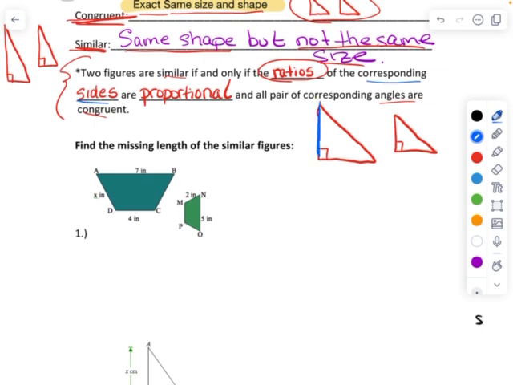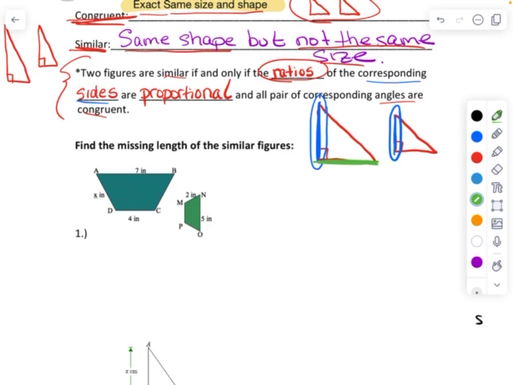Corresponding sides are in the same relative position. So circle this side, or color it in another color. The side that corresponds would be this side in the smaller triangle. Those two sides are corresponding.